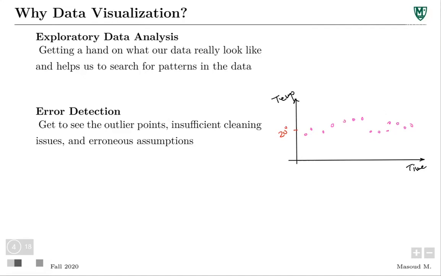But then suddenly in the middle of data, when you plot it, you see one data point that is right here. Right? It's, for instance, not into scale, for instance, 500 degrees. Now, this is an outlier. This could not happen. Obviously, the environmental temperature for that experiment couldn't be 500 degrees.